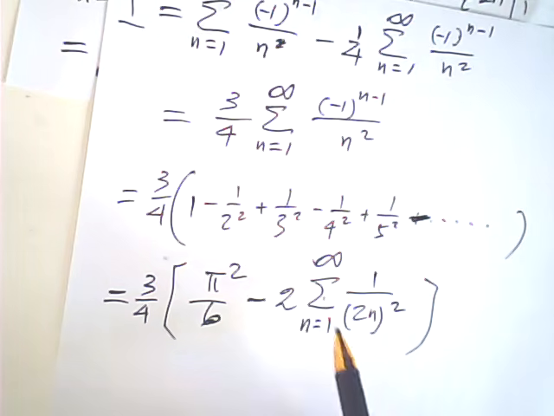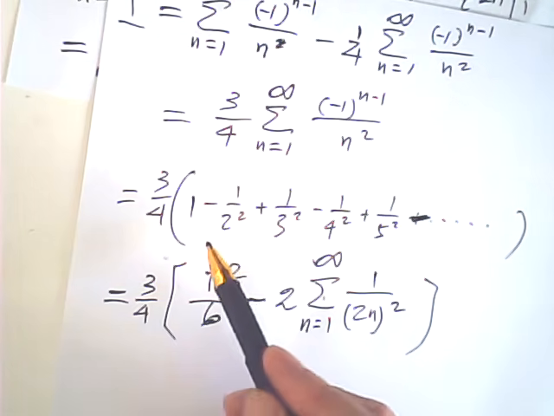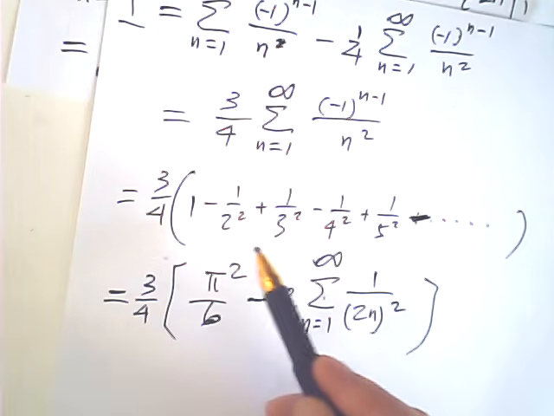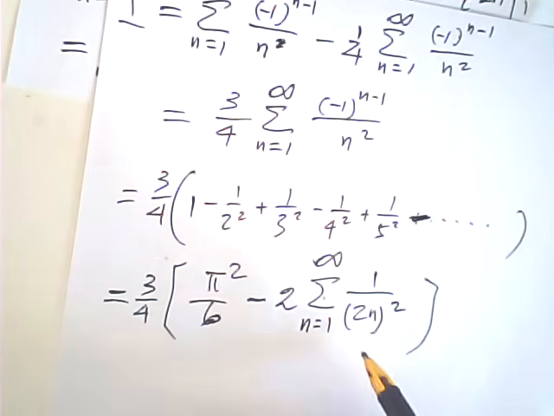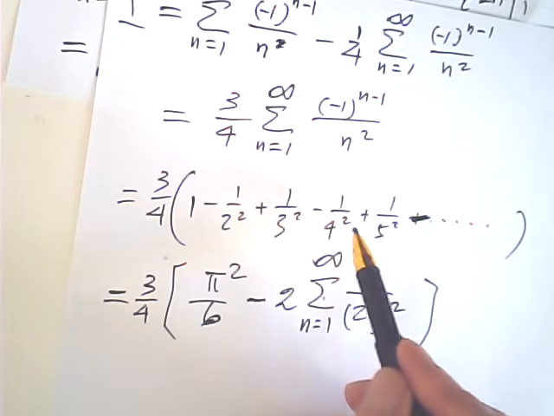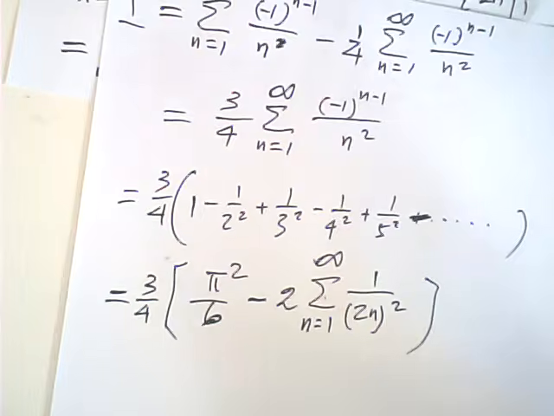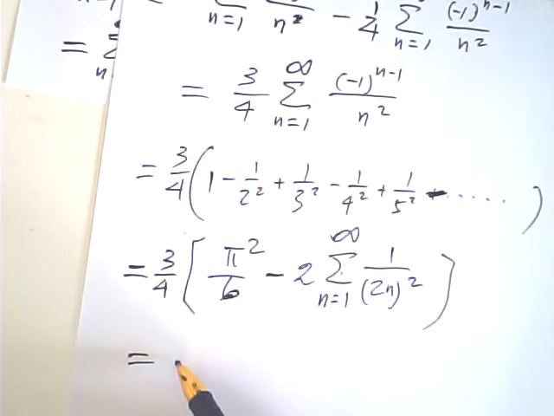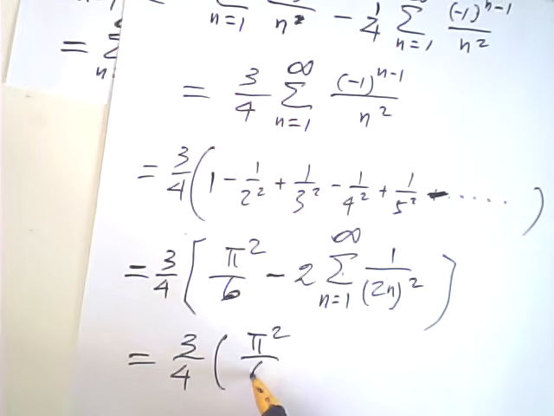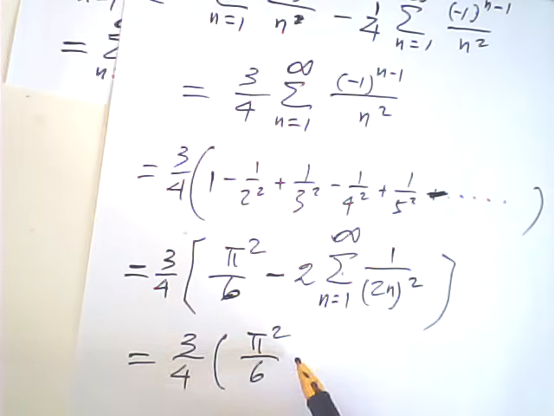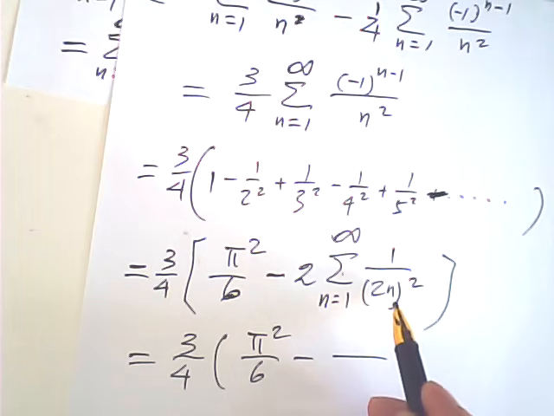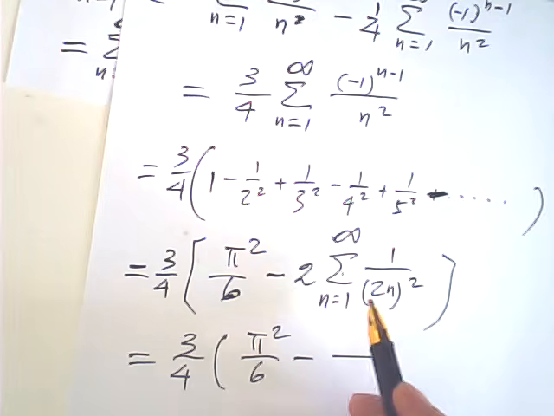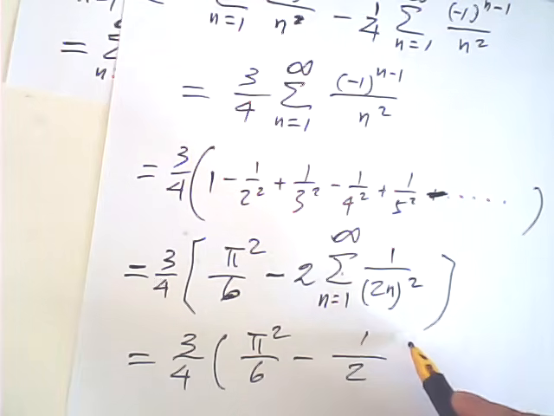You take a 1, then you see you need to take a 2, then you have this even powered negative. See, that means pi squared over 6, minus this is 4, right? 4, so half.